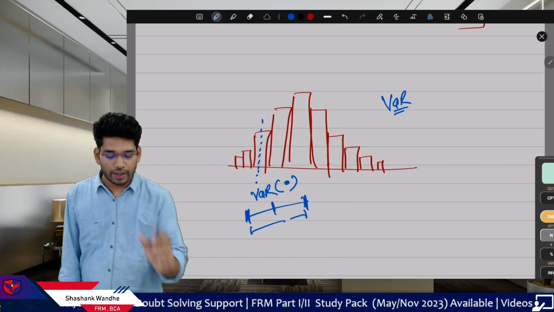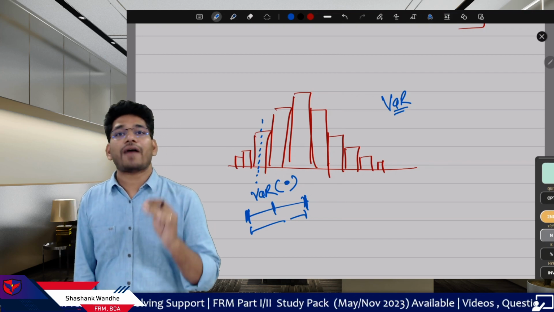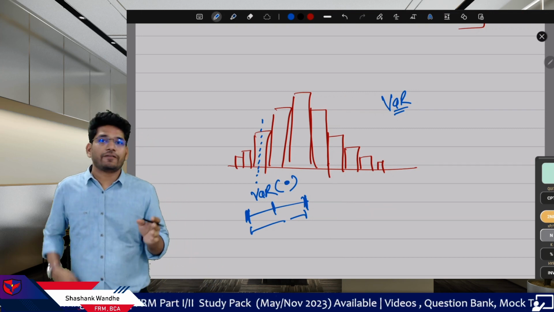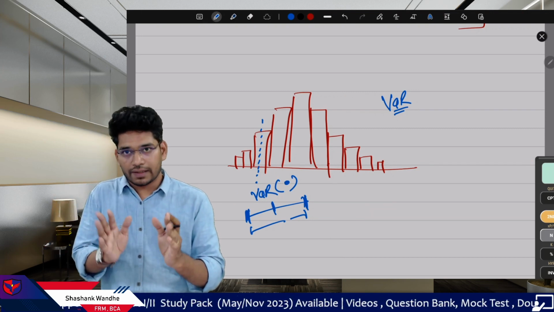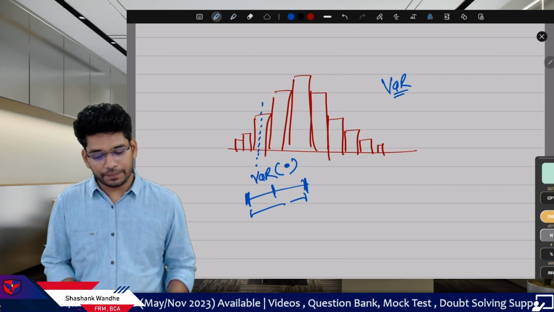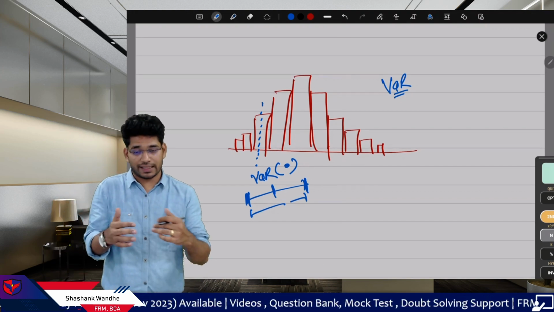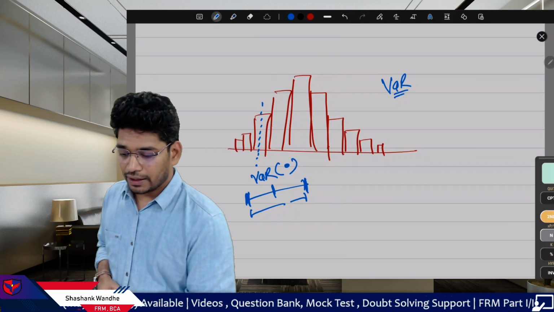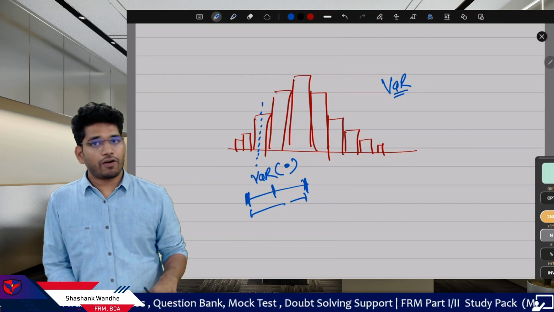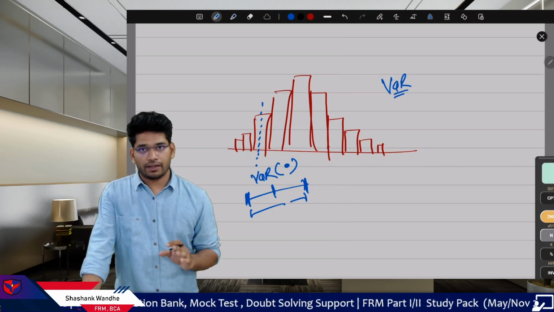The next learning objective is about the calculation of this particular range. That is, we have to calculate the confidence interval for value at risk. Because we are using a sample and we want to know our confidence interval for a specific value at risk. Very simple discussion. Whatever we discuss after this, I have a simple note for you. This particular learning objective is not testable.